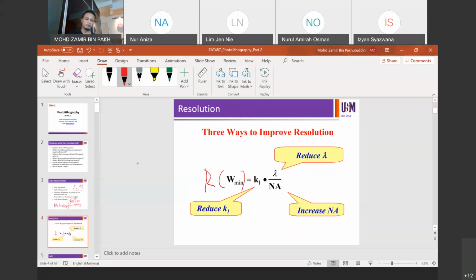Numerical aperture is a function of the lens and the projection optics used in the scanner. So to be able to reduce your R, your minimum printed feature size capable by your system, you have to reduce your K, reduce your lambda, and increase your NA to be able to get a lower R.